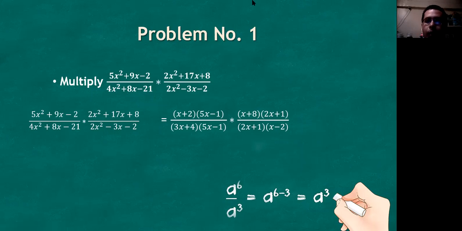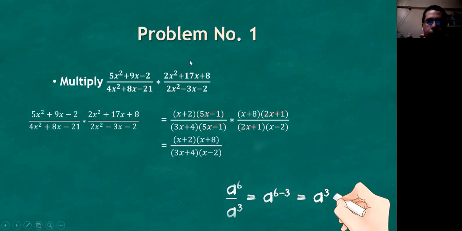So we cancel out common factors such as 5x minus 1, and 2x plus 1. In this case, your rational expression will look like this. It will become the quantity x plus 2 multiplied by x plus 8 over 3x plus 4 multiplied by x minus 2.